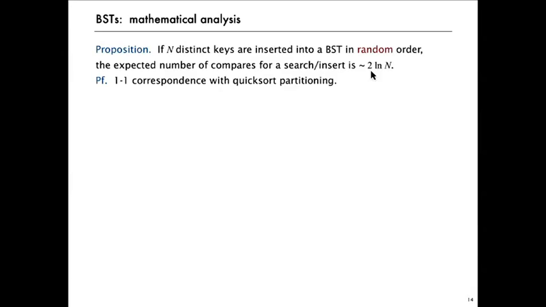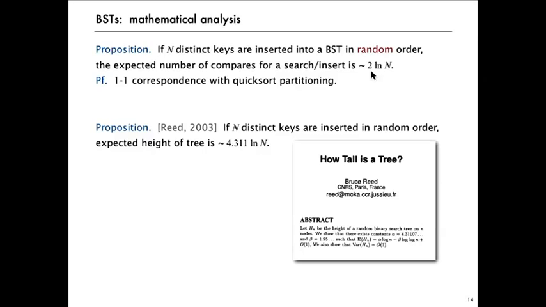Again, that's about 1.39 log base 2 of n, almost the best that you could do. It also has been shown, actually not that long ago, that the expected height of the tree, if the keys are inserted in random order, is about 4 natural log n. The height is the worst-case length of a path in the tree, while the other figure is the average path in a tree.